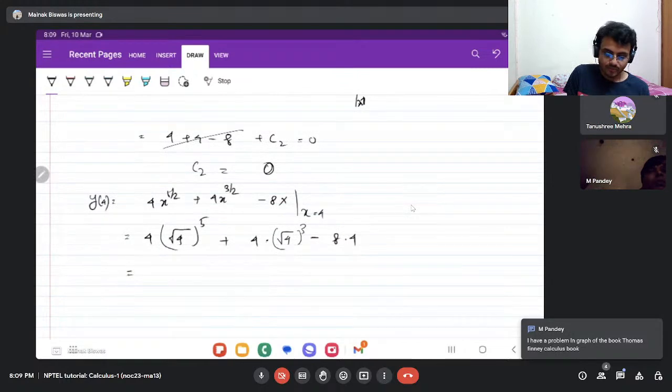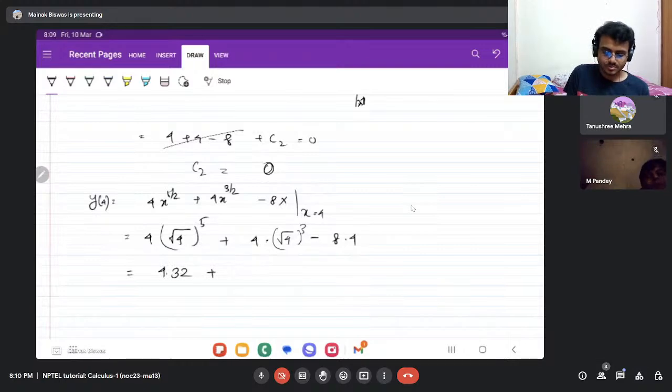So you have 4 into 32 plus 4 into 8 minus 4 into 8. This is 2 to the power 7, 2 to the power 5 into 2 to the power 2, right?